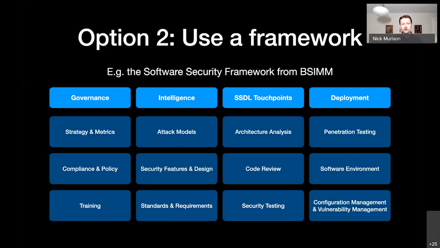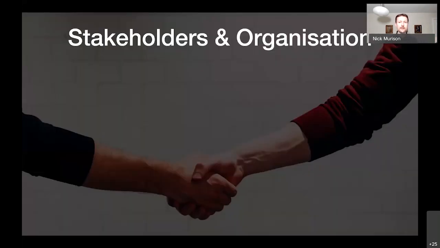So before I go through each of them, I did want to talk about sort of stakeholders and organizations. So organizations are different. So everyone's got a different size, a different shape, a different business model. And so some things are going to be different depending on where you are. So, but generally, these are 3 stakeholders or 3 groups of stakeholders I think are kind of handy.